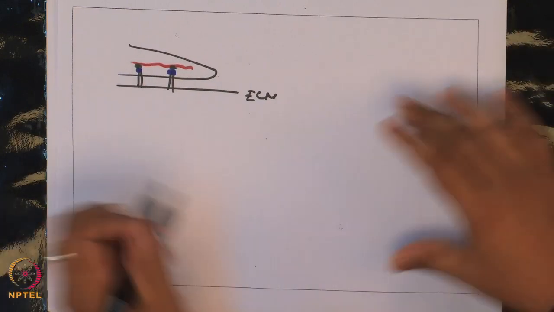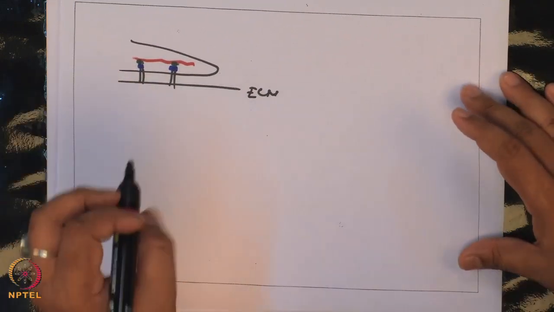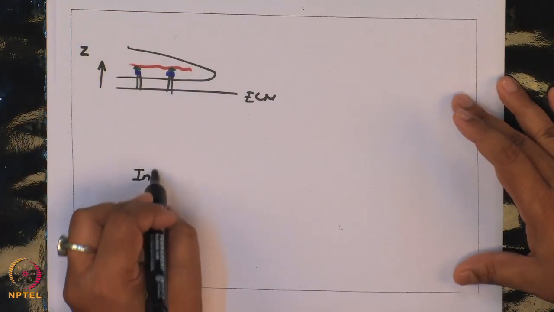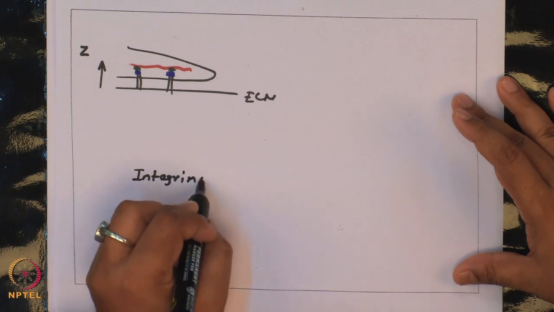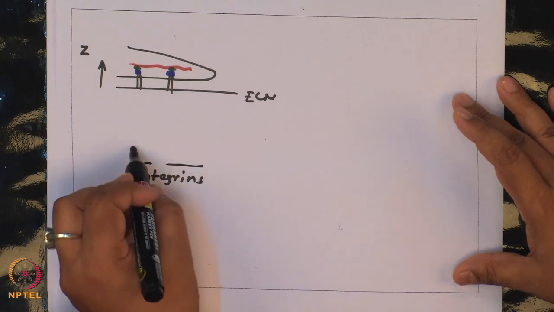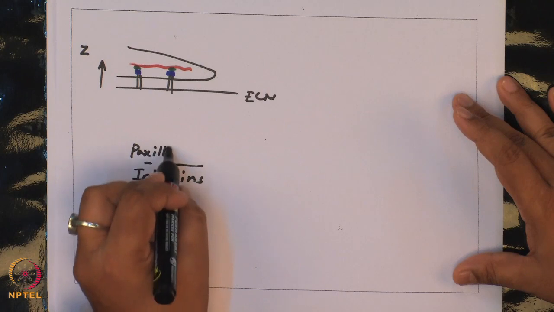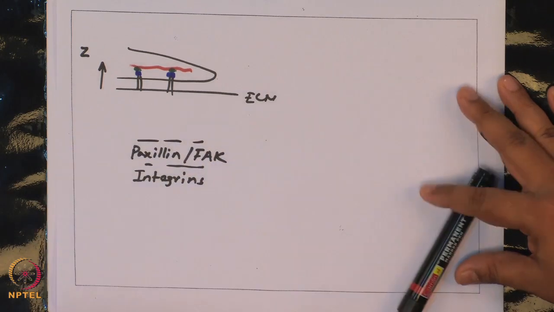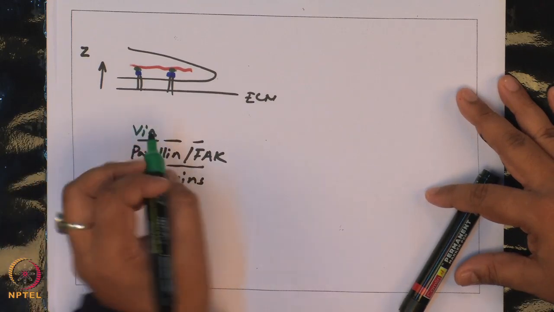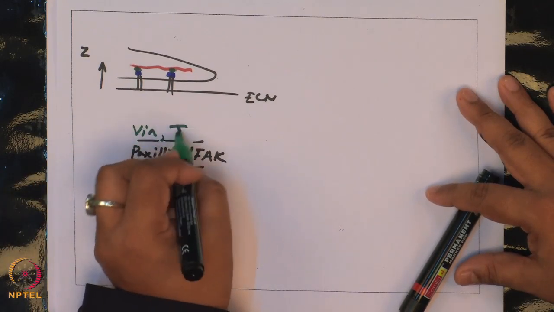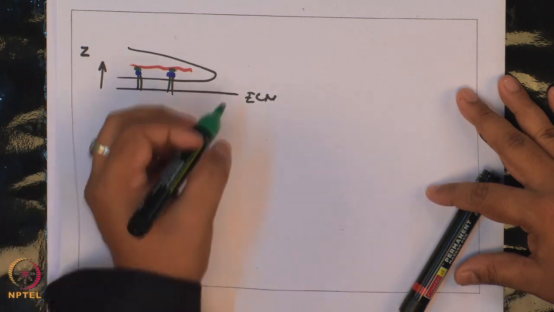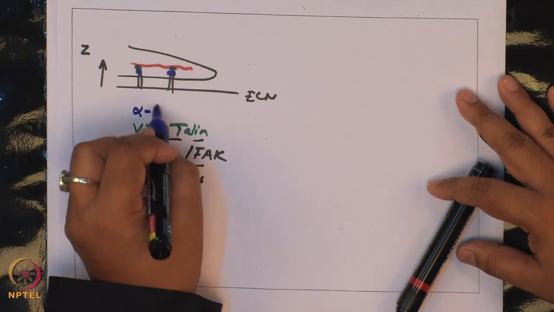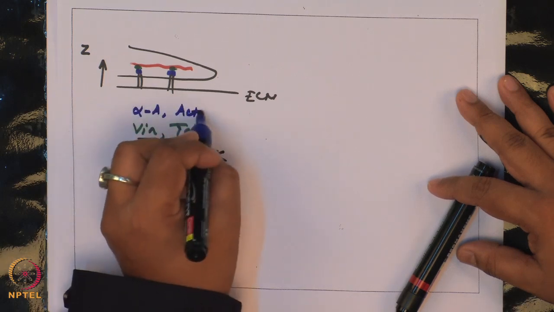As a function of z, if this is my z height, you have your integrins, then you have molecules like paxillin and FAK, on top of which you have vinculin and talin. Talin exhibits a direct orientation, and on top you have alpha actinin and actin.